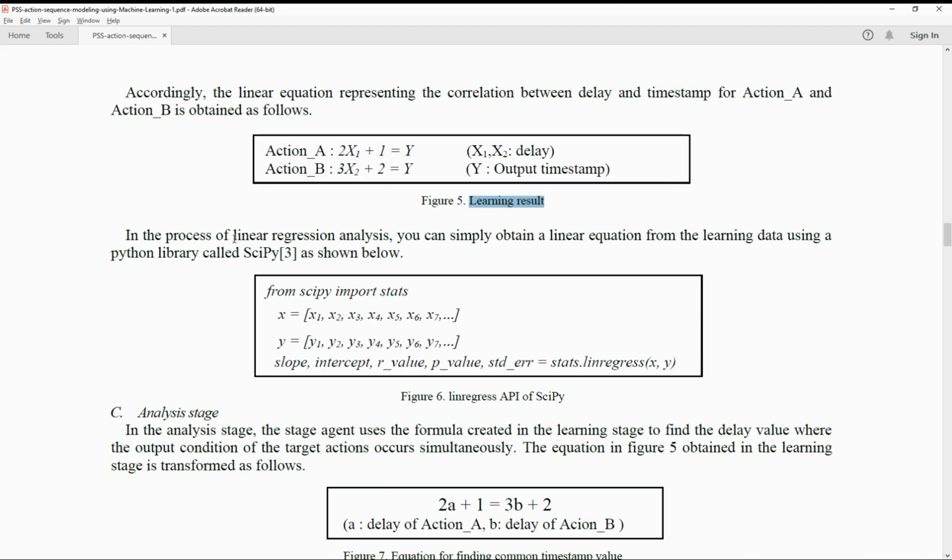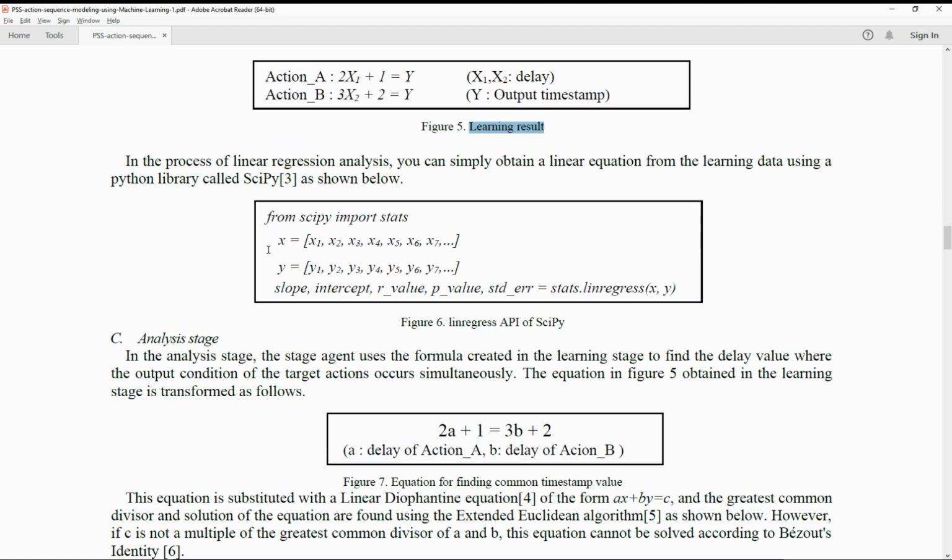In the process of linear regression analysis, you can simply obtain a linear regression from the learning data using a Python library called scipy as shown below.